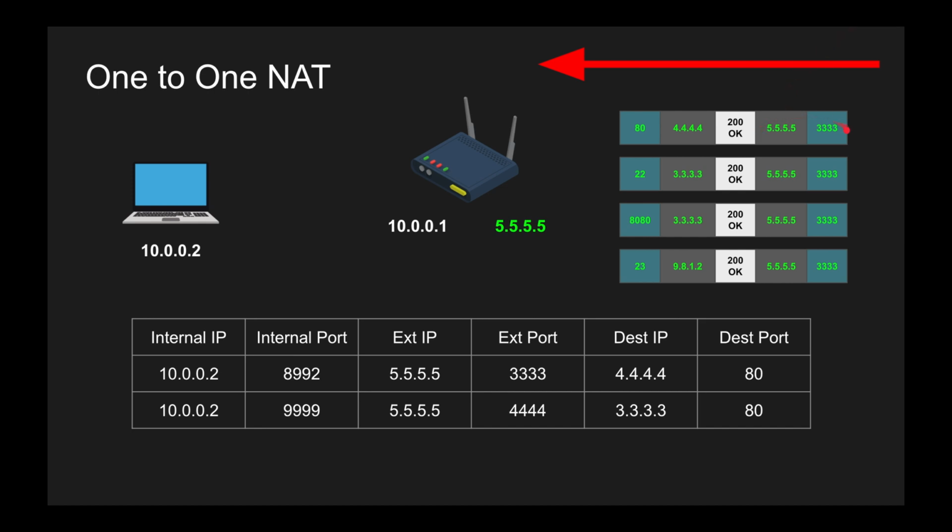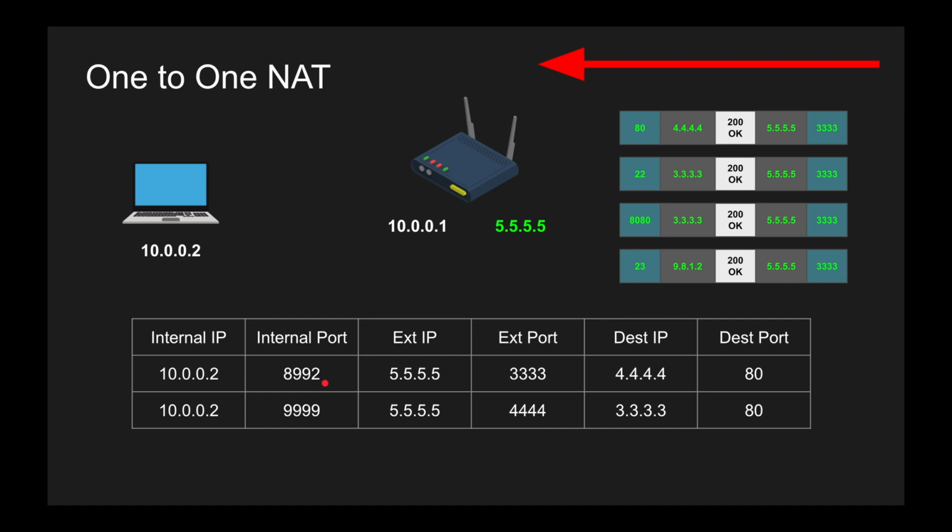So this packet is directed to 5.5.5.5:3333. This one is also the same thing. All of them are directed to the router on port 3333, and the IP address is the public IP address of the router. Technically, the packets want to be delivered to 10.0.0.2:8992.